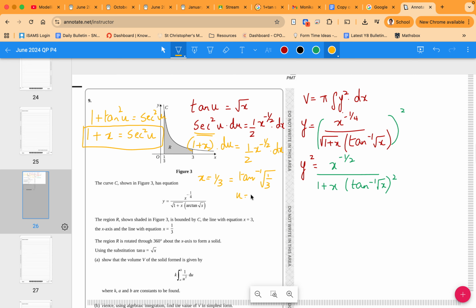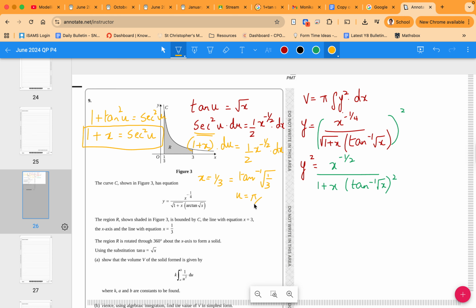In radians, tan inverse of the square root of 1 over 3 is pi over 6.